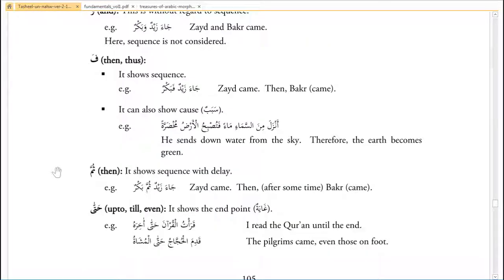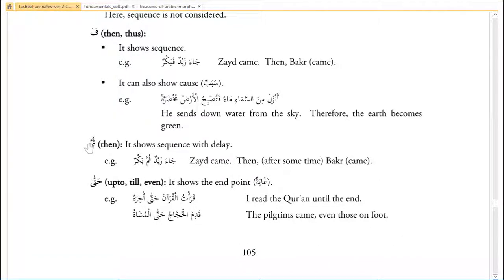And if you look, the third one is thumma, is also for then. And also there's a sequence required and also a little delay. For example, جاء زيد ثم بكر. Zaid came, then Bakar came.